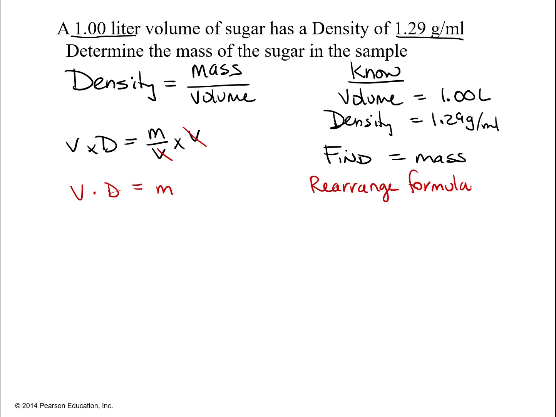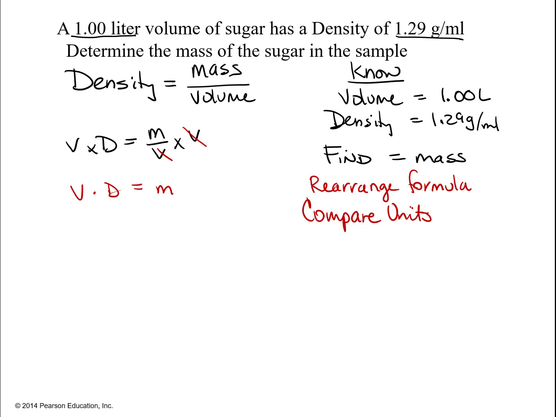Now I'm going to plug them in. I'm going to plug in volume and plug in density. But I need to do one more thing, and that is compare the units. Do you see that in the units? What is the unit for volume? Liters. What is the unit for density? Milliliters. Do you see that those two volumes are not the same?